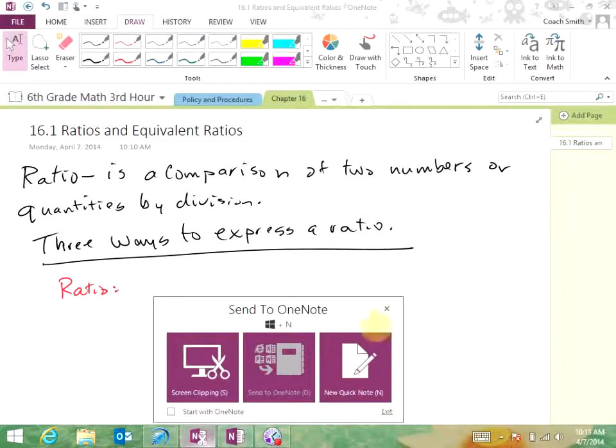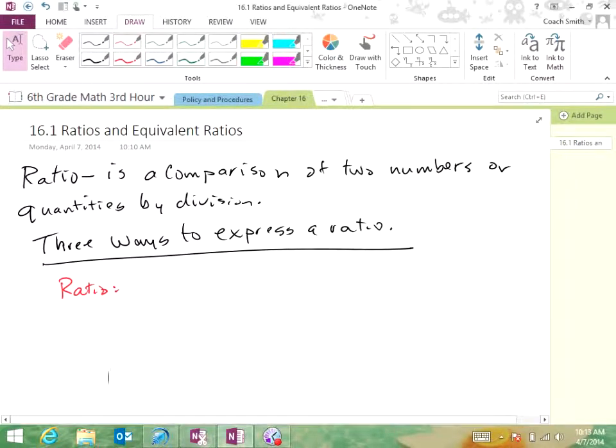How many boys? 10? All right, now, we want to know the ratio of boys to girls in class. Okay, so boys are 10, girls are 5.